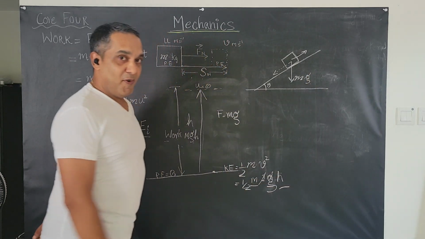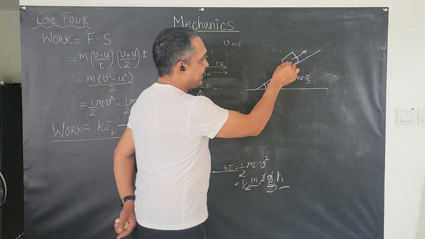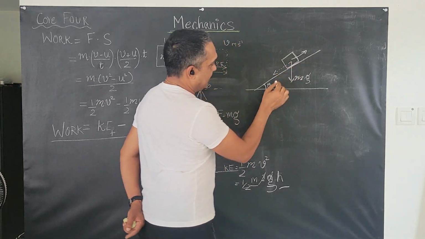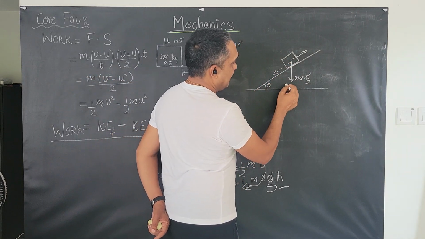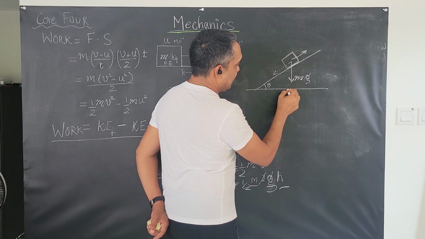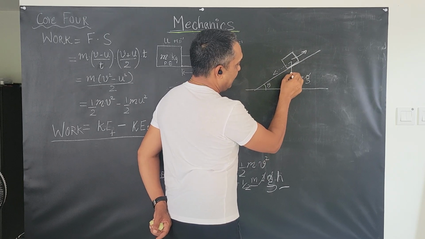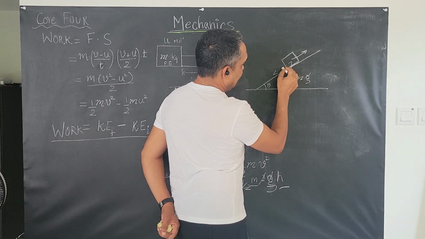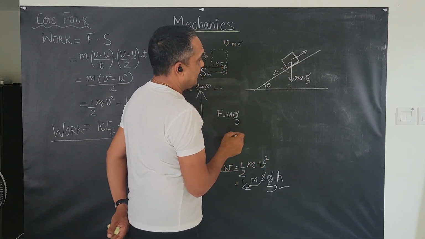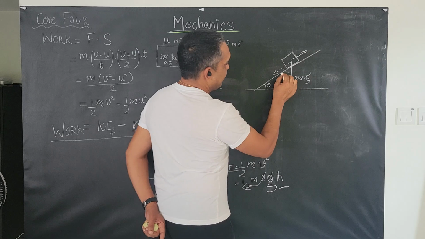It has a resolved component here. What do you think the angle would be? This would be a right angle triangle. So if this is 90, what would that be? It's 90 minus theta, right?